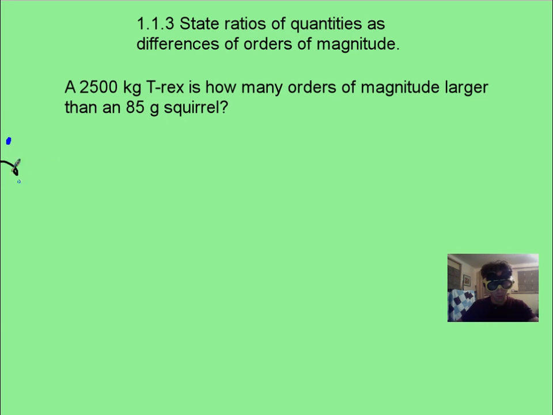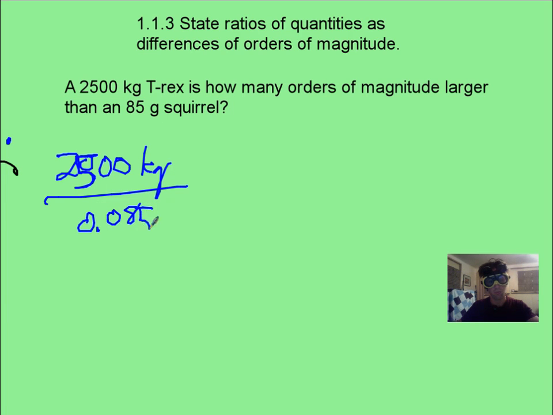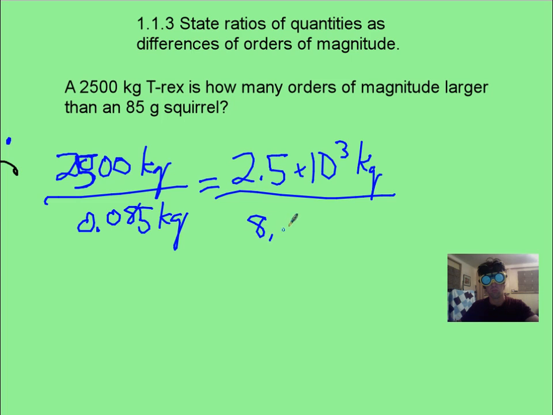Now, hopefully, what you had was something like your 2,500 kilograms divided by your, you gotta put them in the same units. Same thing for the squirrel. Turn into scientific notation. Then you can round and say that this is pretty much the same as 1.